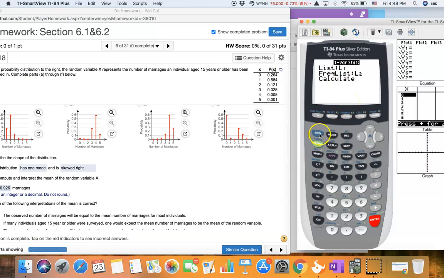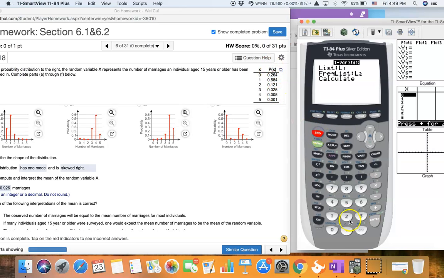But if it's not, you can do this by clicking the second key, and then you click the corresponding name of the list. Let's say list 1, so L1, I click 1, and then enter. In the second option, we select the list where we put the probability.